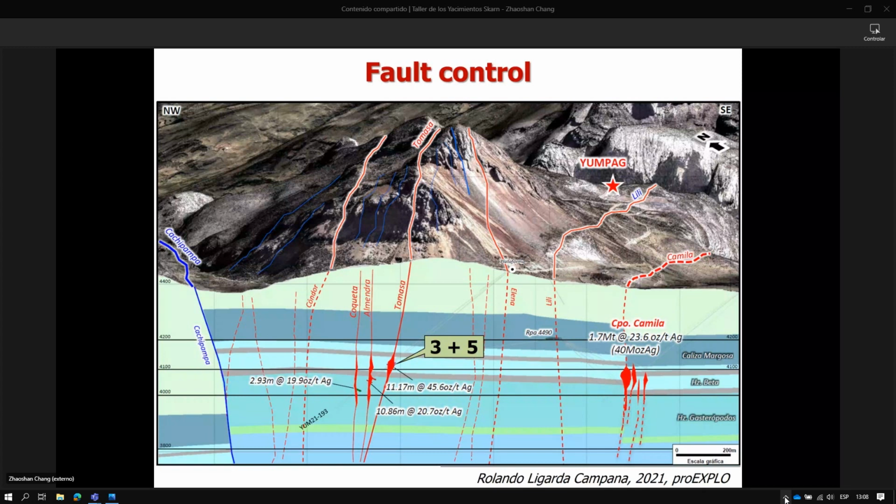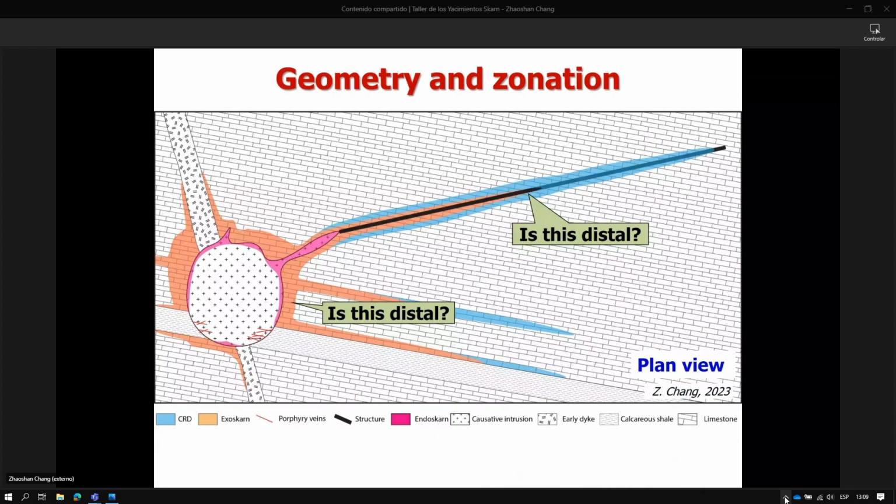Okay, now, if we are looking at zoning patterns, you say, oh, here is the pyroxene-rich zone or wollastonite zone, this is 3 kilometers away from the skarn intrusion. So this is distal, 3 kilometers.